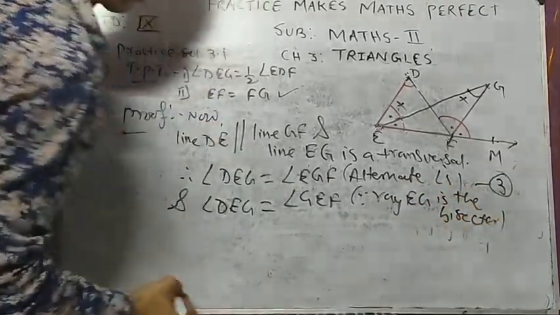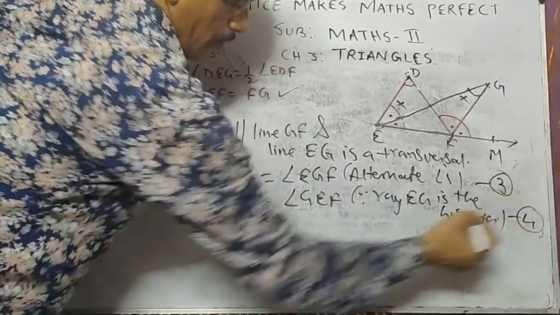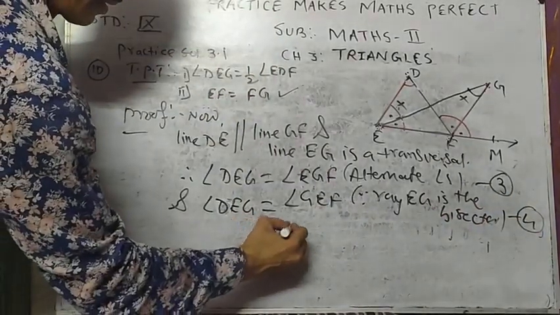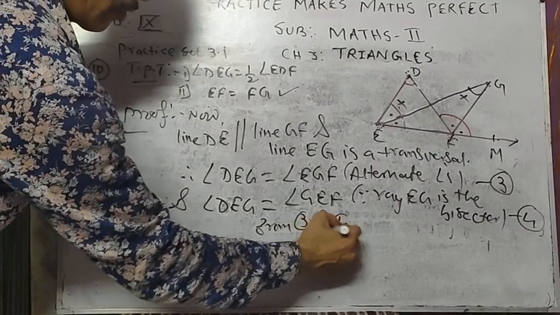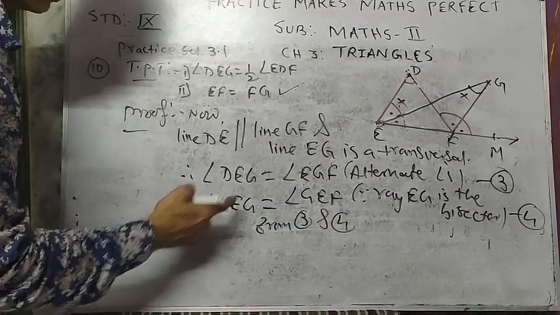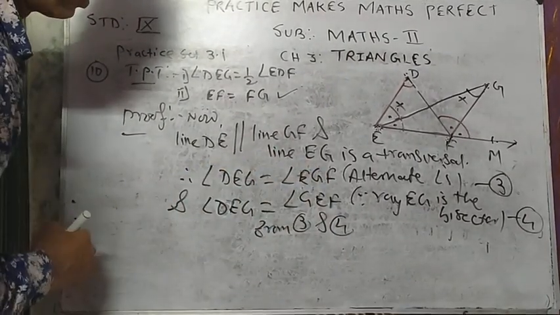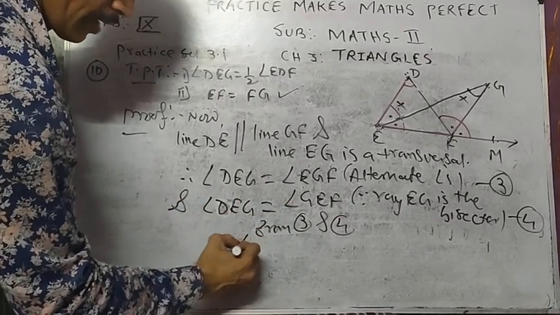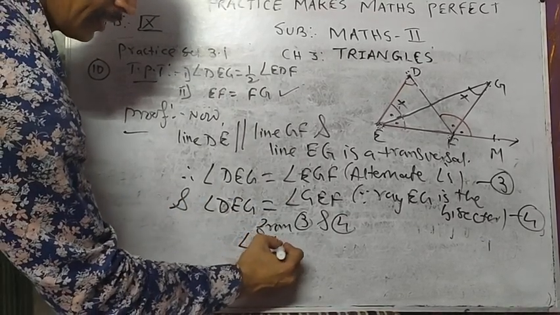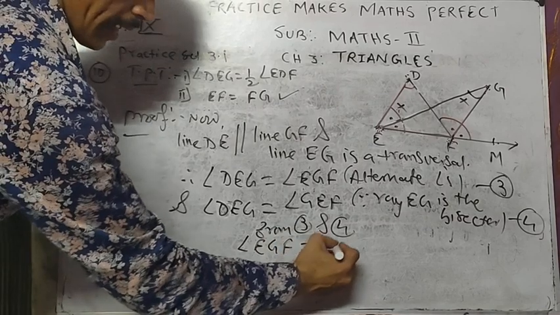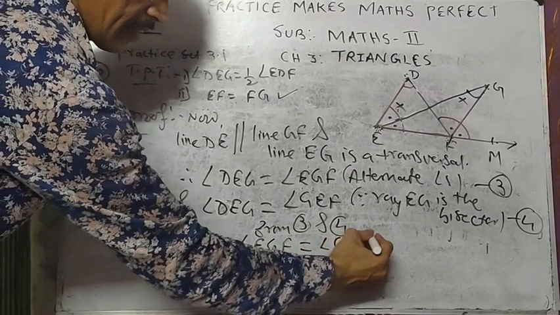Number 4. From 3 and 4, you can see DEG is the same, right hand side is the same, so left hand side is also the same. So from 3 and 4, angle EGF is equal to angle GEF.